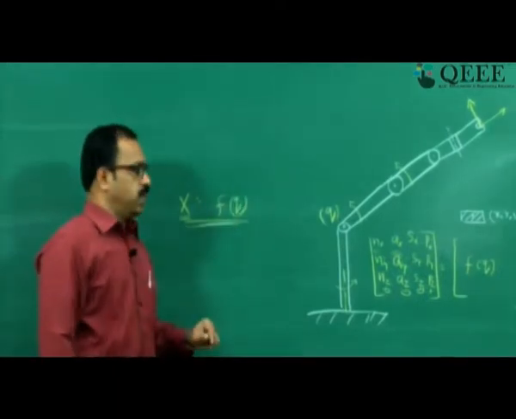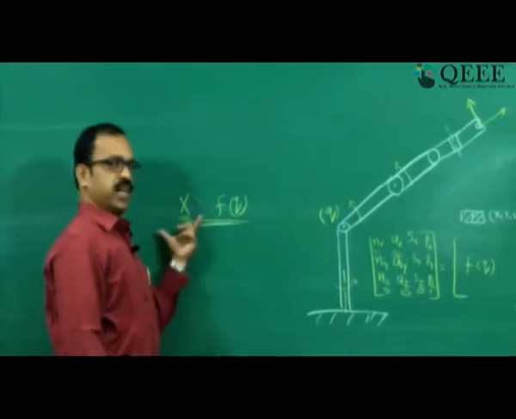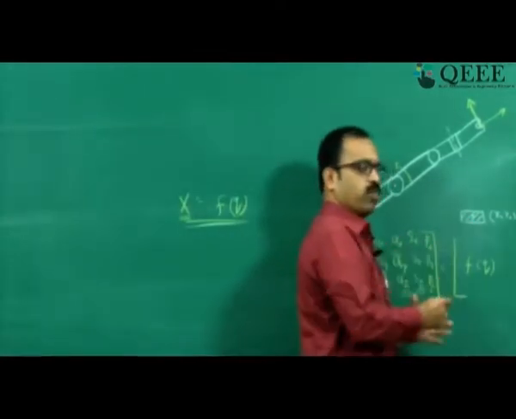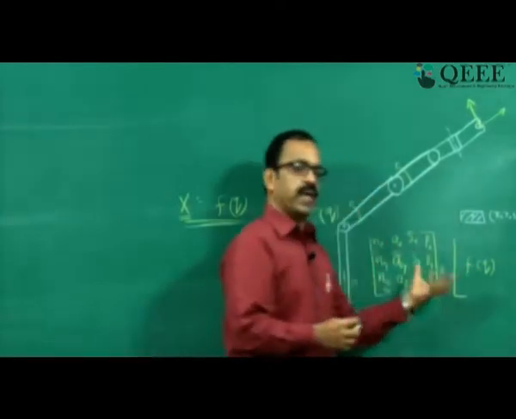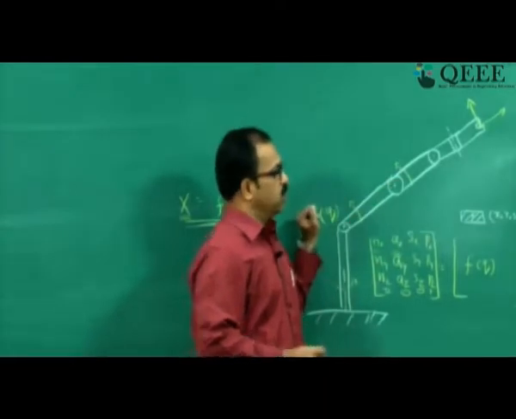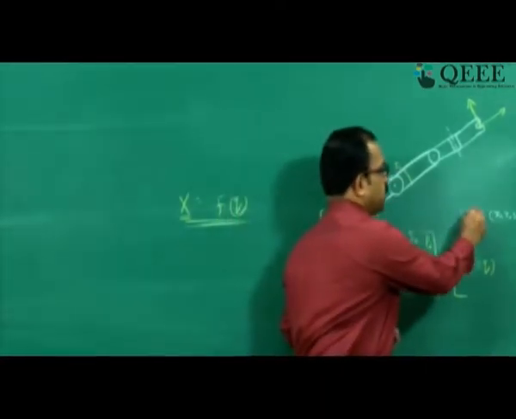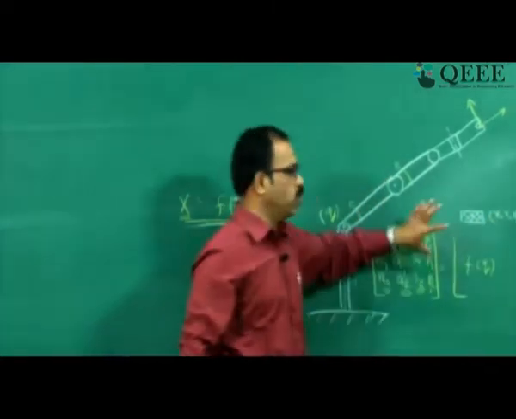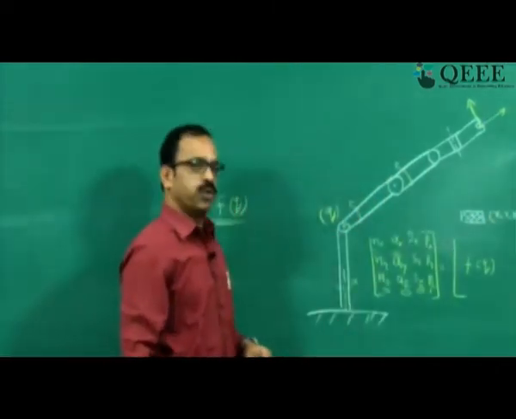X is a function of joint variables. But most of the time, what we require is not this relationship. Mostly if you are using a robot, you want to pick up a workpiece and place it somewhere. So assume that there is a workpiece at this location. The location is given by its coordinates XYZ, and probably the orientation of the object is also given to you.